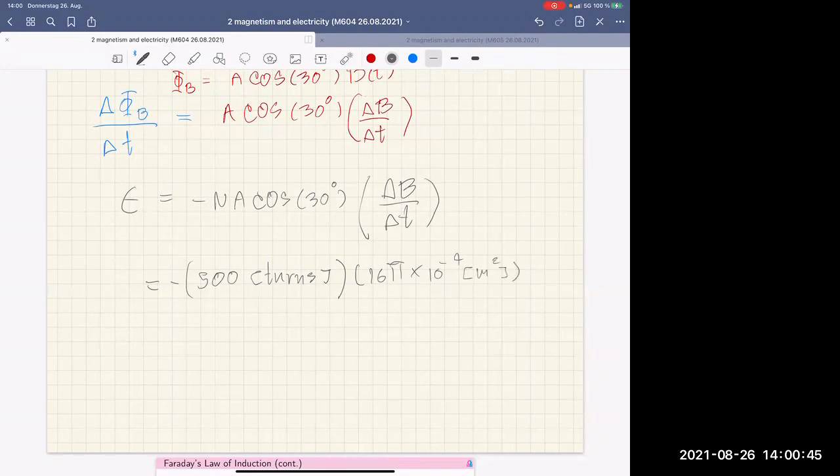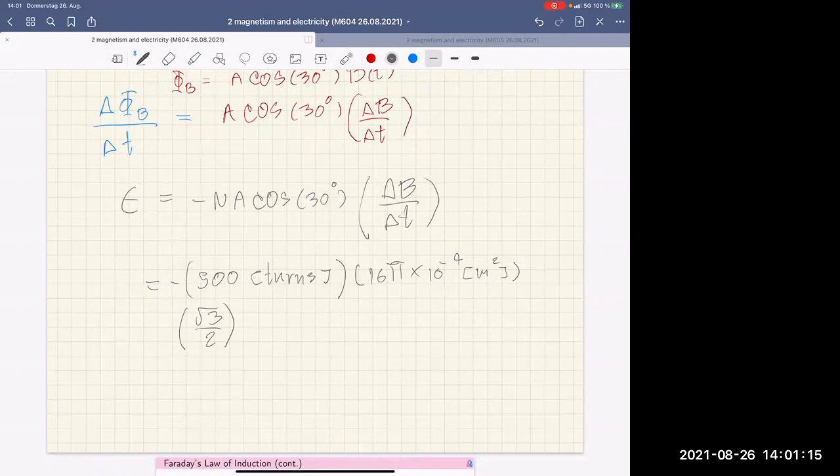And yeah, that's A, and then cosine 30 is, I don't know, we can leave it as square root 3 by 2, right? And what else?